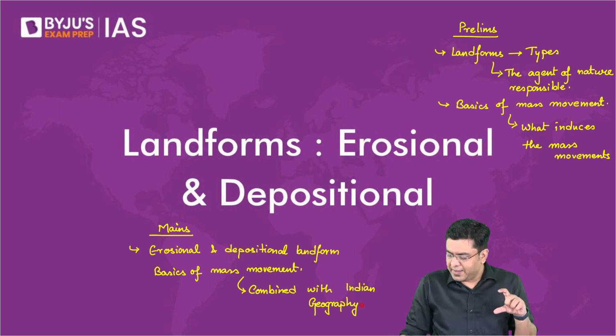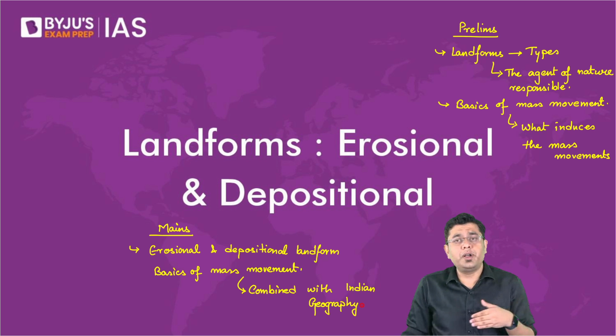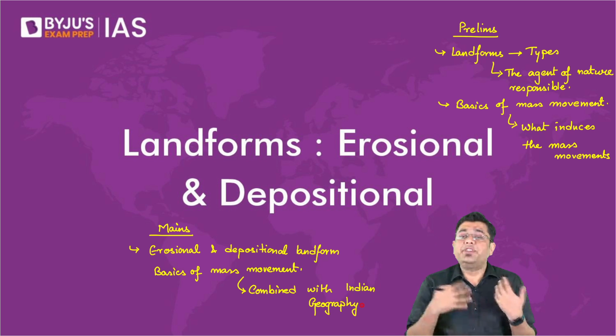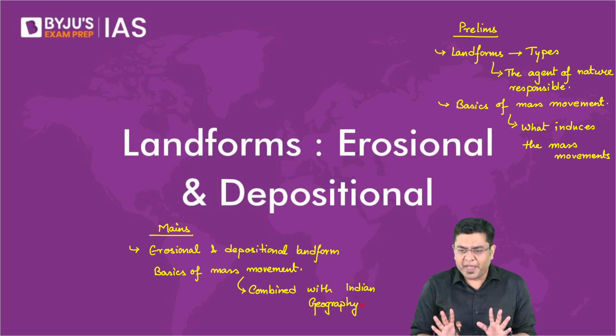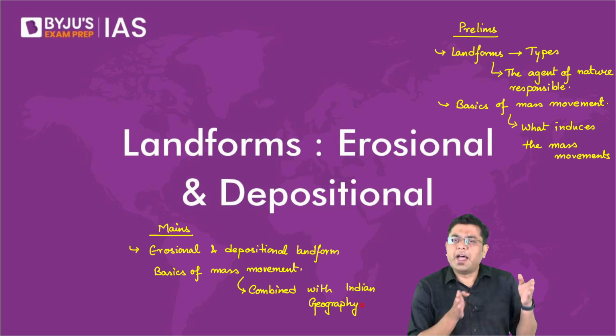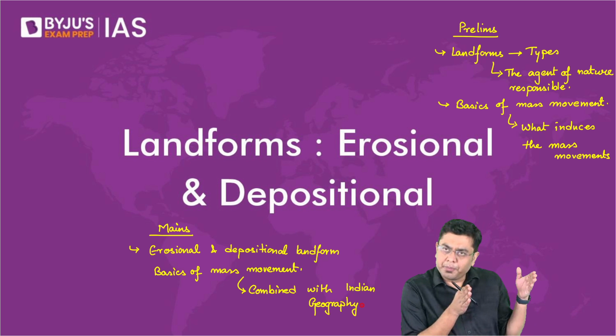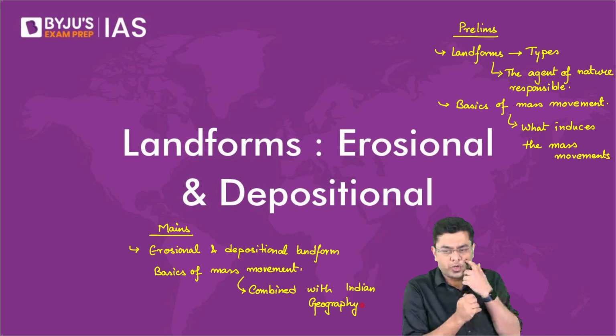When we talk about deserts, here I have given you certain map pointings to expose you to the various different deserts present in the world. What you need to understand more is why desert formation happens, how deserts are created. That is what you will be studying in the portion of climatology and oceanography.